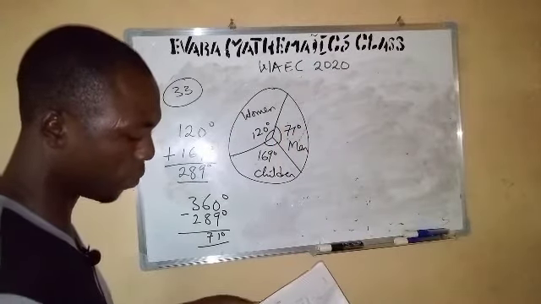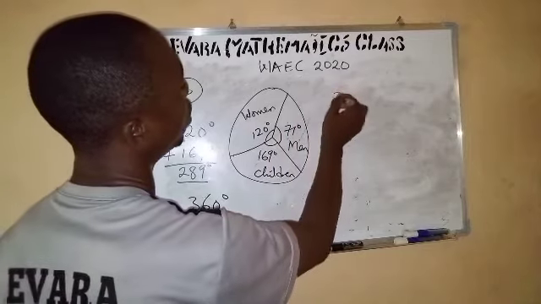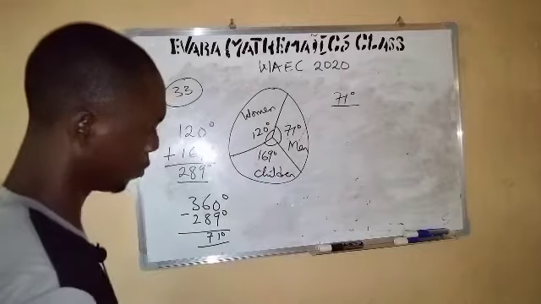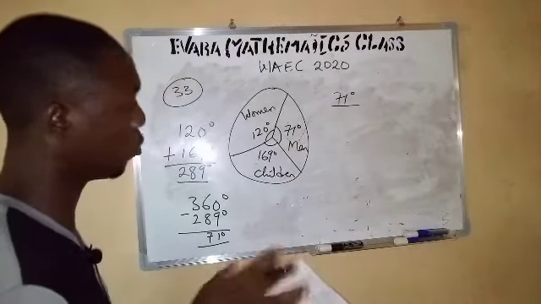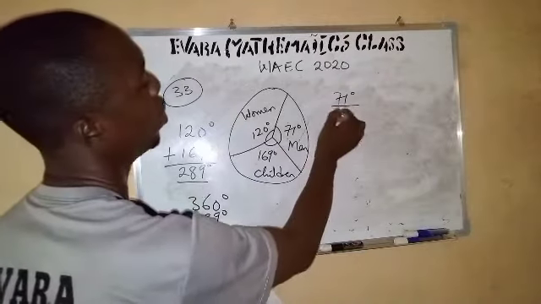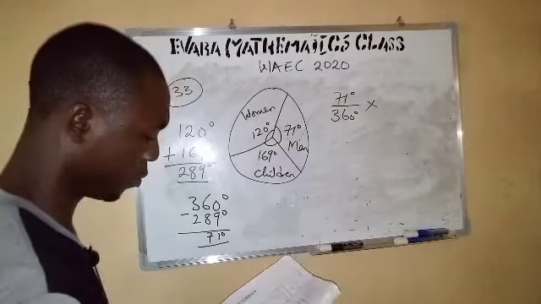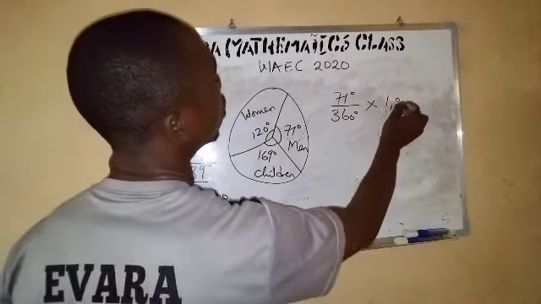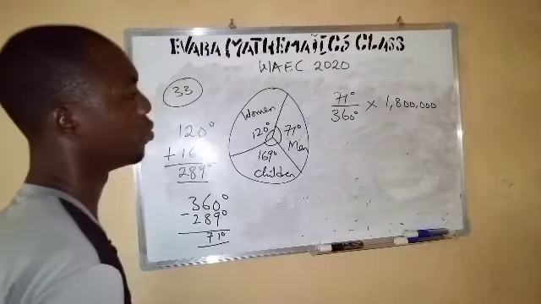So how do we now know the number of men in the city? The angle representing men is 71 divided by the total sum of the angles in a circle, which is 360 degrees, multiplied by the total population in the city, which is 1,800,000.